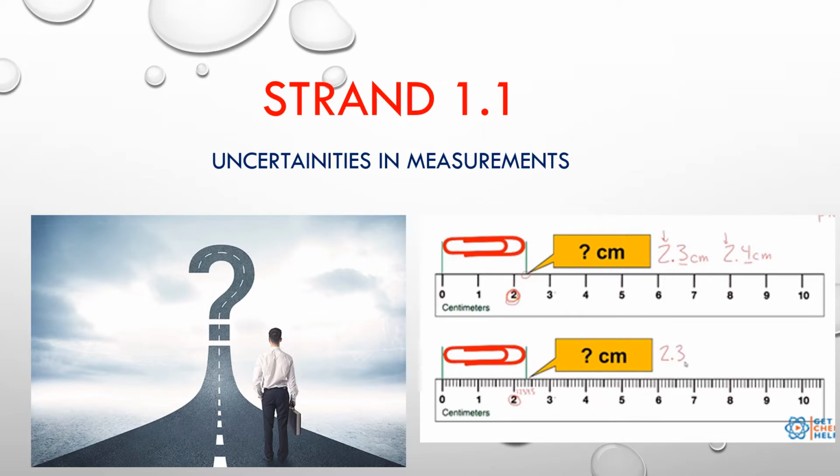However, when the same paper clip is measured on a different ruler, you can see that the numbers are now more accurate. So the reading is now showing 2.3 centimeters. We cannot say that there is any error in the measurements, but we do say that these measurements are carrying some sort of uncertainty in them.